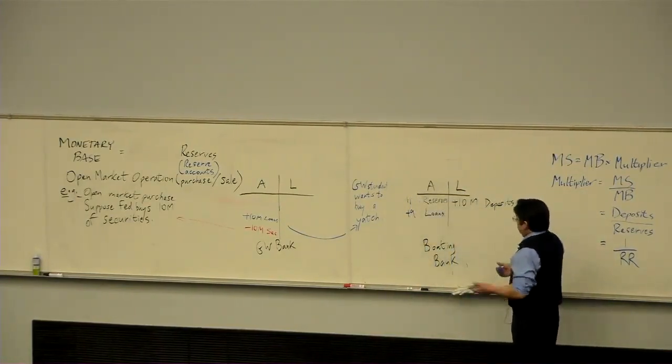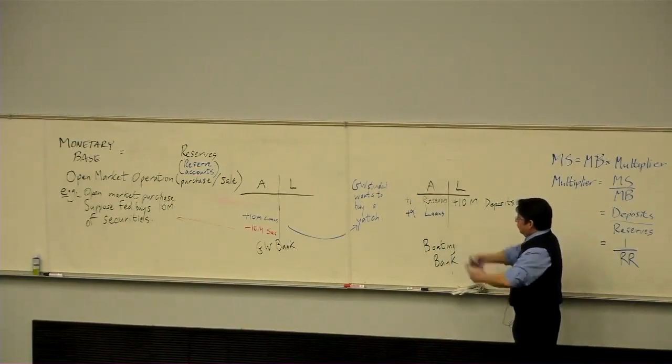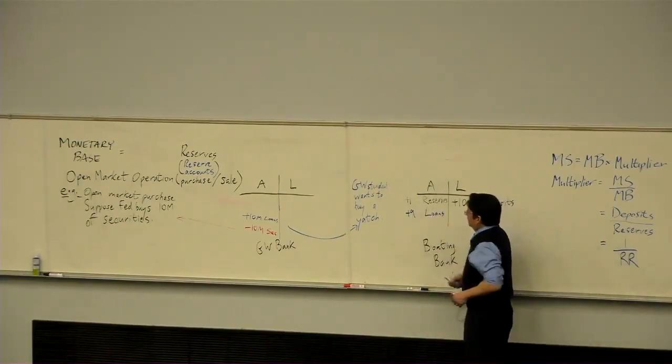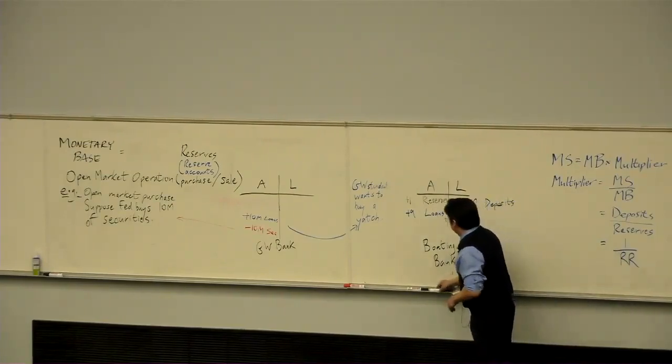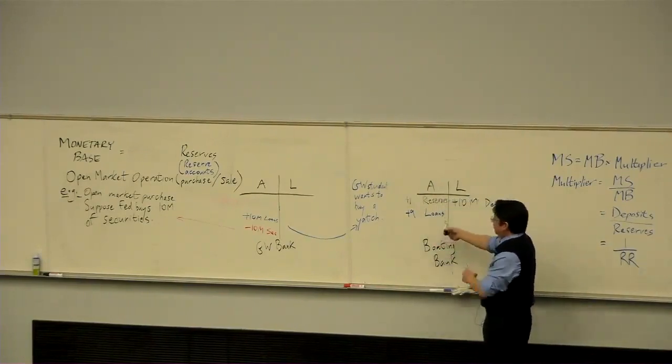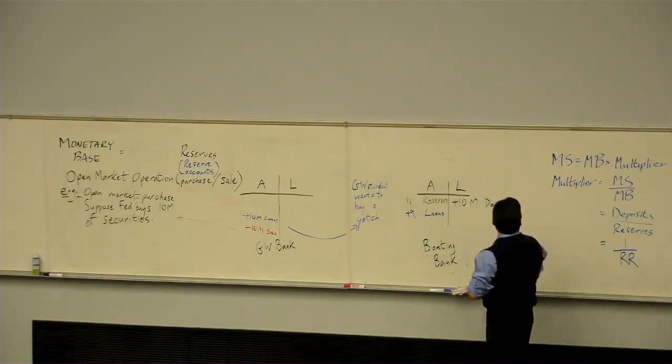Like who? I know, like Georgetown students. They can't afford as big a yacht as GW students. Anyway, so imagine a Georgetown student comes and borrows $9 million to buy a smaller yacht. And what will happen?